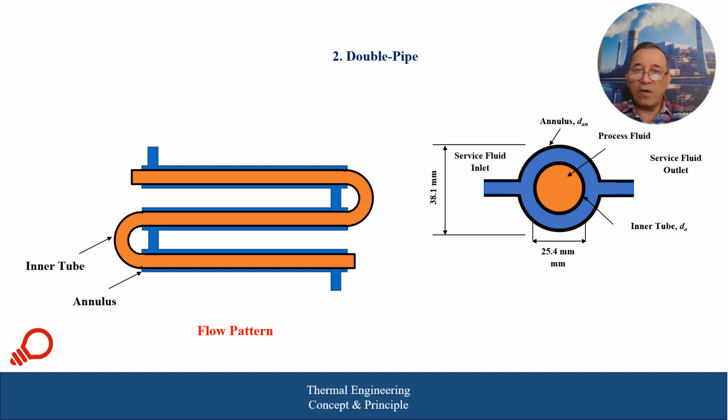The flow of both fluids is in counterflow, and it could pass from one side and leave at the other side at the same time on the tube side. So we have heat exchange between these fluids.